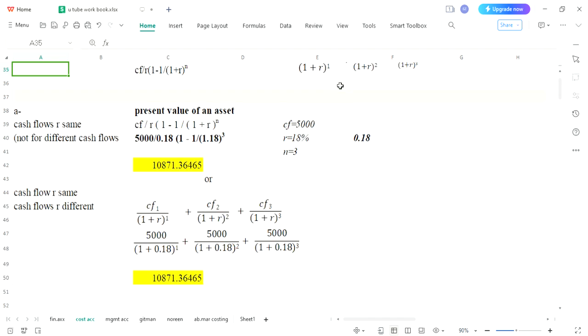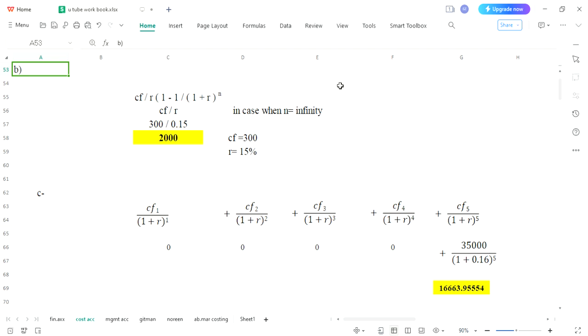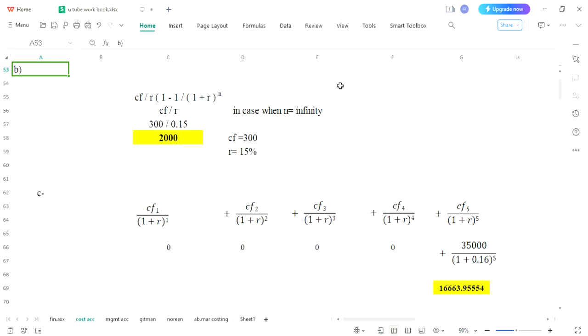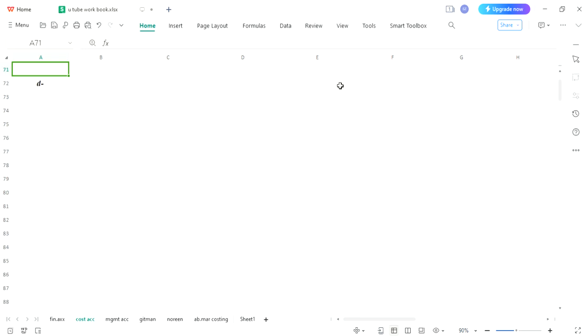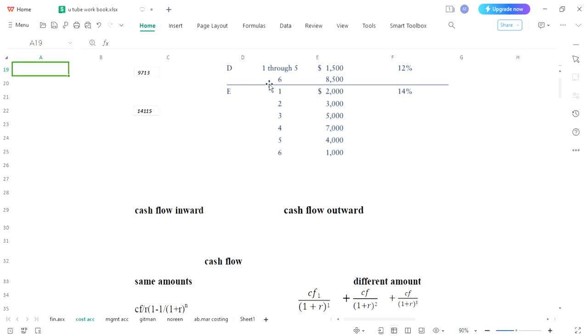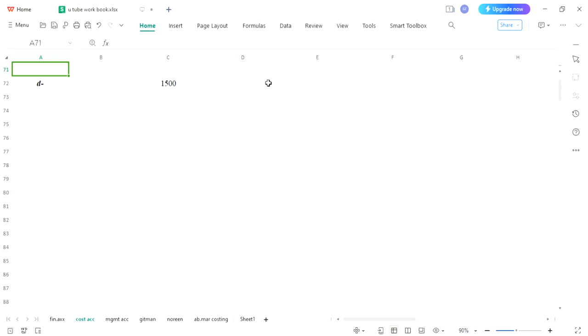So instead of going up and down, we will note it down for D part. 1500 is your cash flow, and this cash flow is from which year? 1 to 5. Just noting it down, 1 to 5.